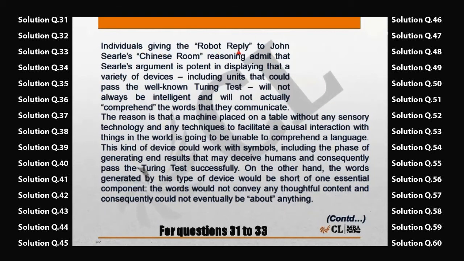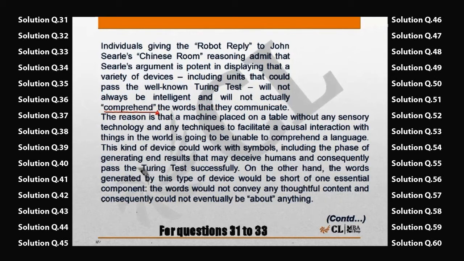Individuals giving the robot reply to John Searle's Chinese room reasoning admit that Searle's argument is potent in displaying that a variety of devices, including units that could pass the well-known Turing test, will not always be intelligent and will not actually comprehend the words that they communicate.